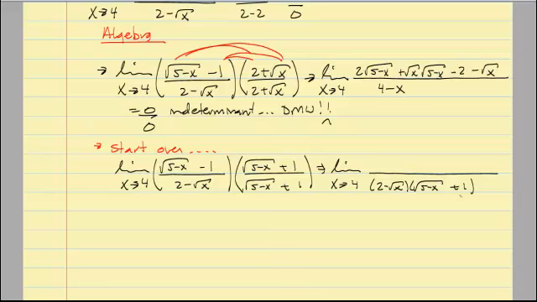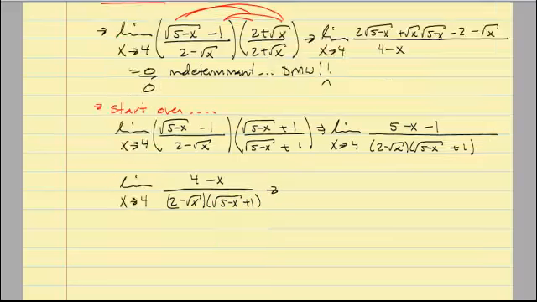Now the numerator I can FOIL out. I'm left with 5 minus x minus 1. 5 minus 1 is 4 minus x for my numerator, over 2 minus root x times root 5 minus x plus 1.